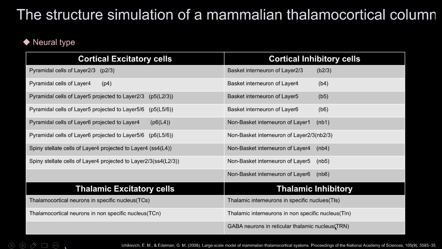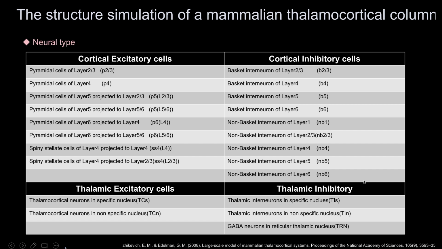In the platform, this structure is based on the anatomical data of the mammalian brain cortex. The data mainly refers to the article published by Corticothalamic in 2008, which released detailed mammalian thalamocortical anatomic data.